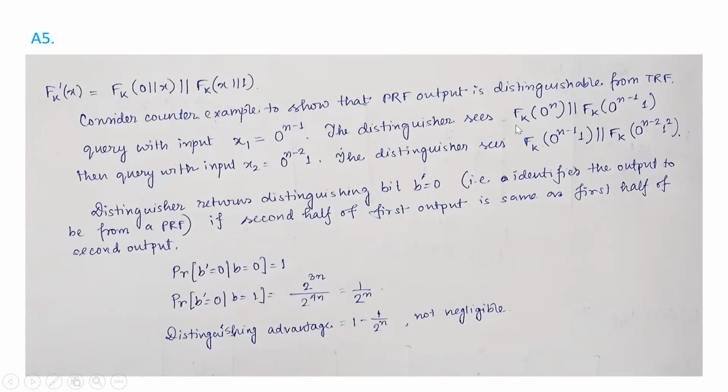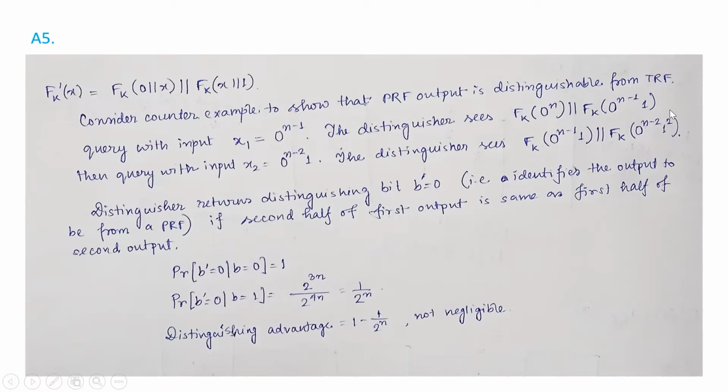That is the output it sees if it is actually interacting with the PRF. Then in the next query, it provides as input x2 equal to 0 to the power n minus 2 and then a single 1. In the case of the PRF, what it sees is F_K(0 to the power n minus 1 and then a single 1) concatenated with F_K(0 to the power n minus 2, 1, 1).